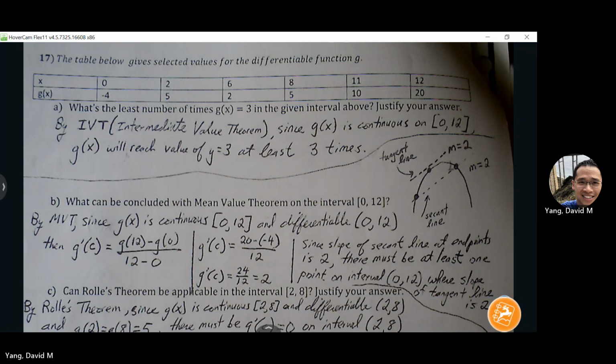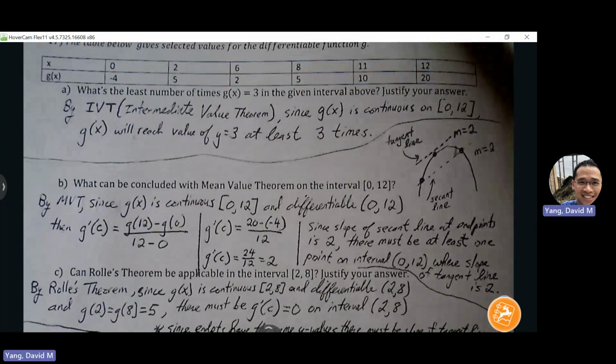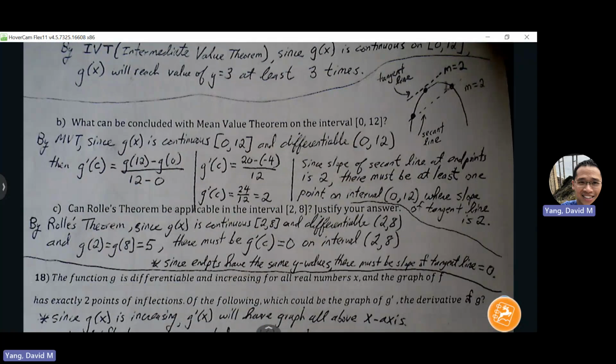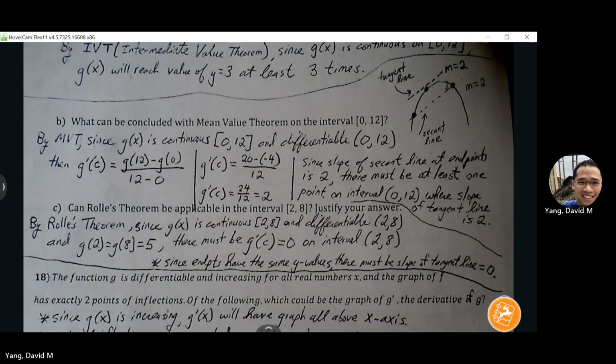Mean value theorem, whatever slope you can gather between the endpoints, that slope is going to have to live somewhere along that curve at least once. Can you just go over C? Yeah, so Rolle's theorem. I have to find two values that have the same y value. Yep. What's the relationship between Rolle's theorem and mean value theorem?